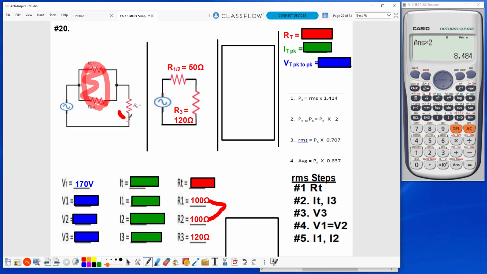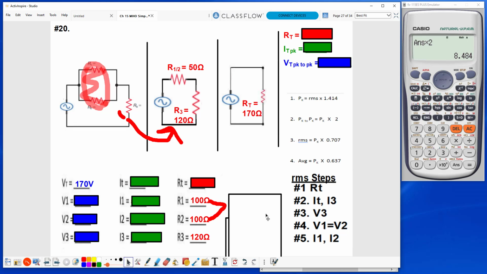R3, that value, I just brought straight over without changing it. 120 ohms, just brought it straight over. So now I have 50 ohms in series with 120 ohms. And we just add resistances together in series, so this gives us 50 plus 120, which would be an RT of 170 ohms. That was our first step in finding our RMS values.